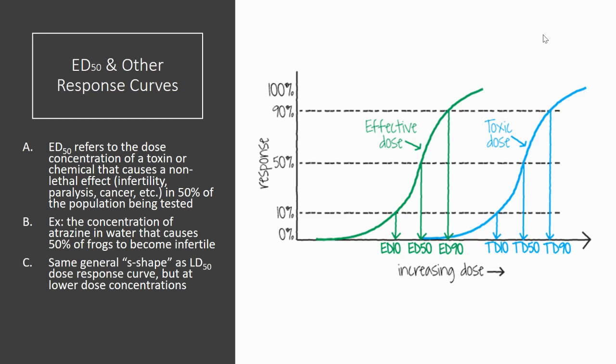We are also going to see a very similar kind of S shape as we did with LD50. We're going to see a similar thing with effective dose 50, but at lower dose concentrations, we're going to see less of an effect.